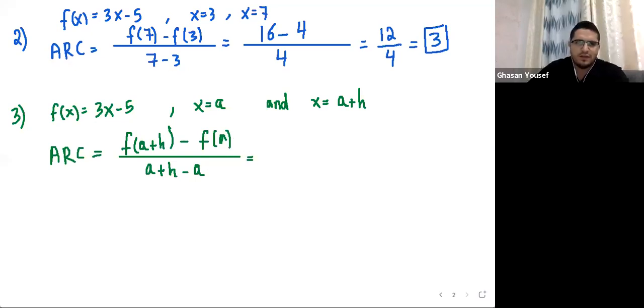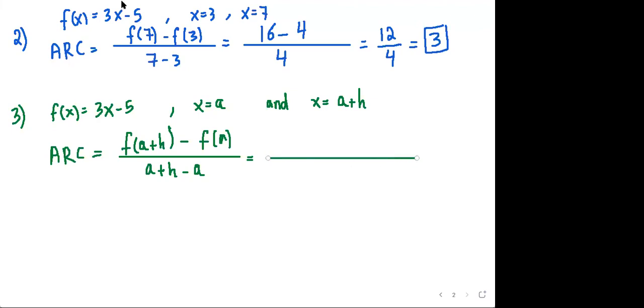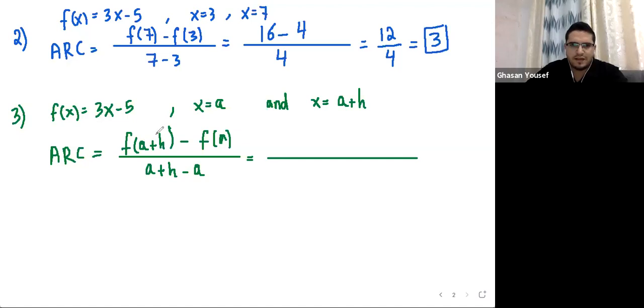And what does that equal? Is it f of a plus f of h? No, f of a plus h. Plug this one inside the function.